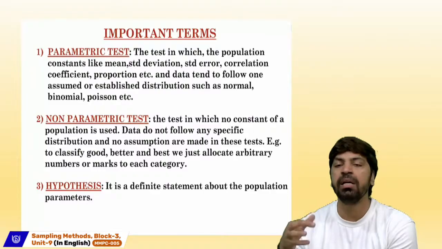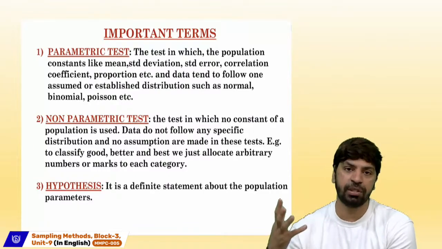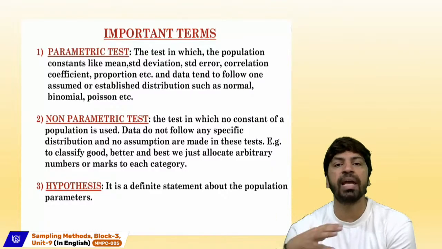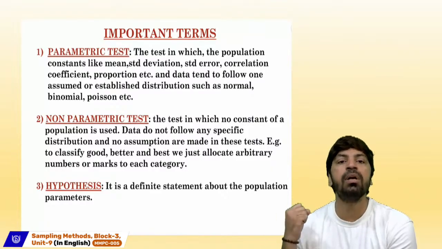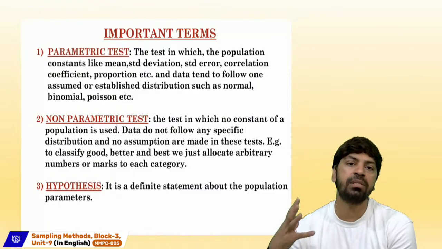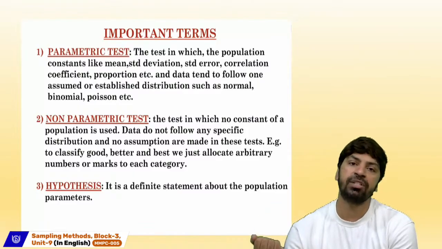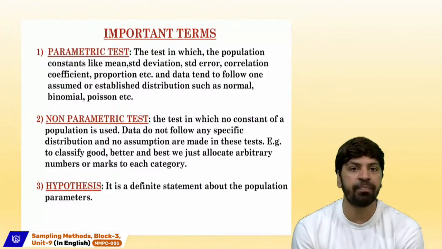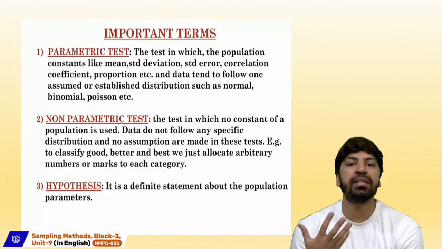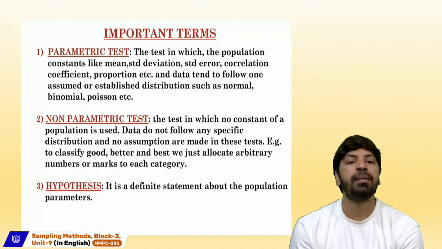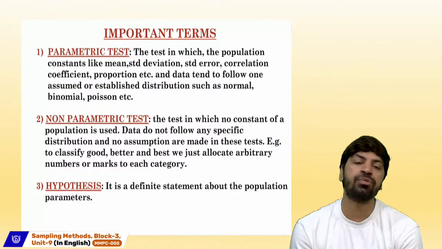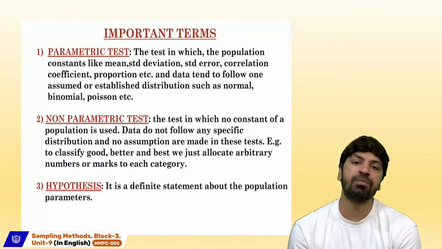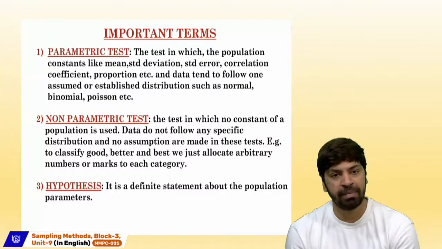In fact, the data does not follow any specific distribution, and no assumptions are made for such a test. That's called a non-parametric test. To classify good, better and best, we allocate attributary numbers or marks to each category. And hypothesis is a definite statement about the population parameters.